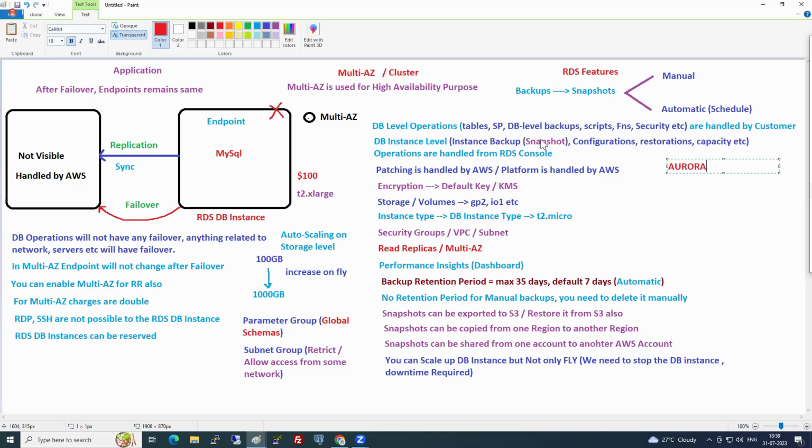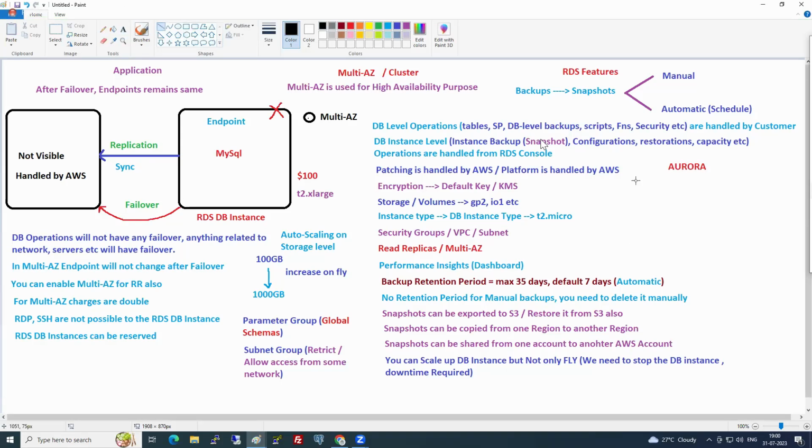Here, Aurora is an AWS proprietary engine, an AWS product. This Aurora is compatible with your MySQL and Postgres. Which engines? Aurora is compatible with MySQL and Postgres.